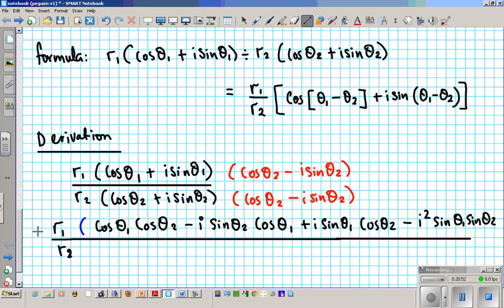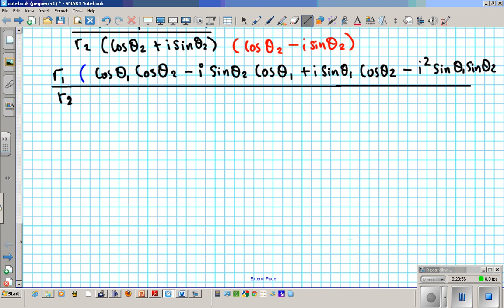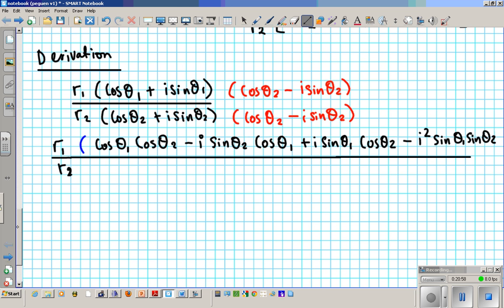And then for the denominator, we do the same thing, just distribute. It's the same thing, only the theta 1s become theta 2s, so I can rewrite what I have on the top, but wherever I have theta 1, I write theta 2.